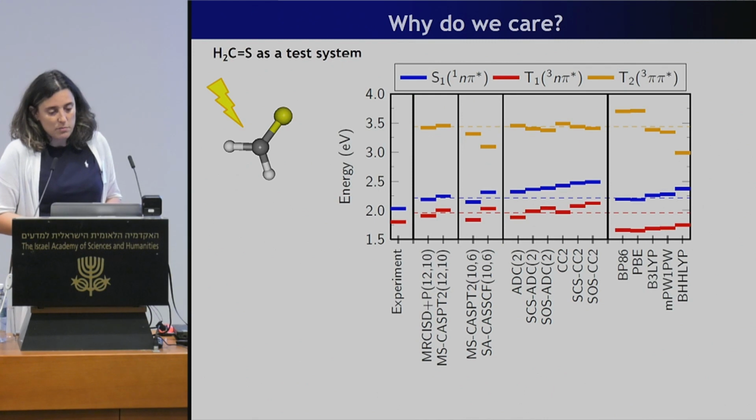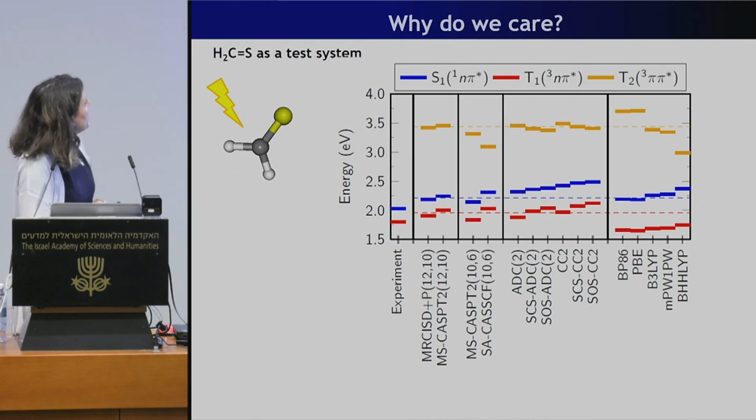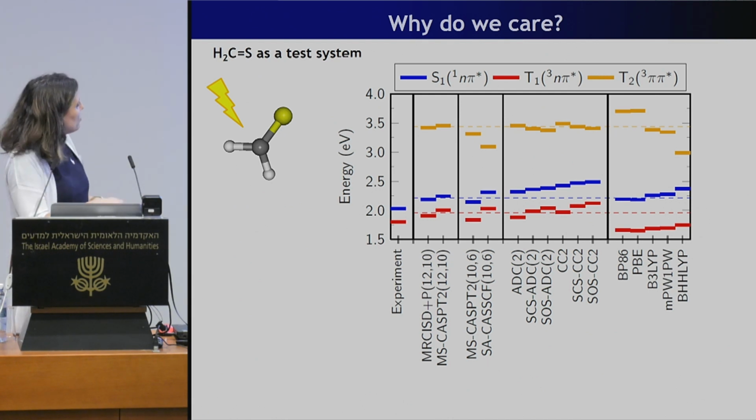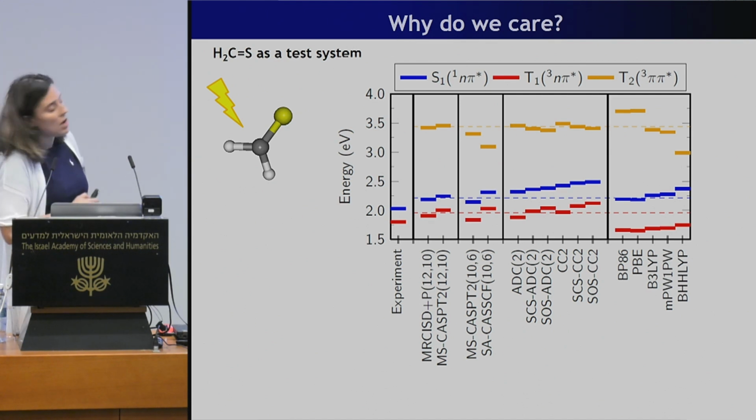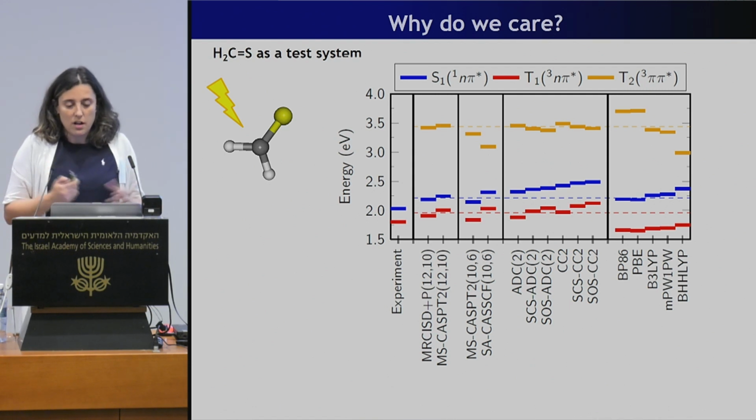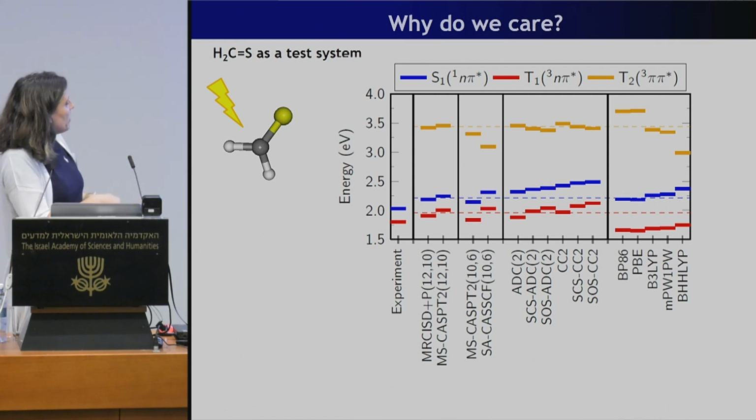So I'm going to show you one example. This is a very simple small molecule, thioformaldehyde, okay? There are 3 states of interest. Here I have a lot of methods. This is the experiment. The molecule is irradiated by light, and I look at how all these electronic states look. It does not matter what the methods mean; they are quite accurate, less accurate, some of the DFT functionals.